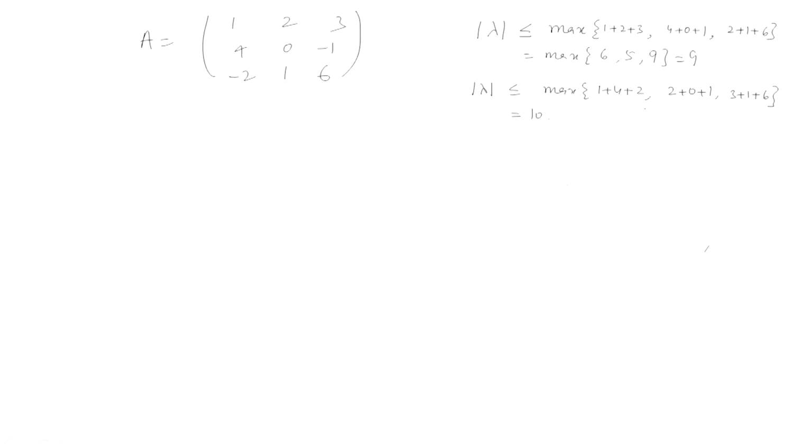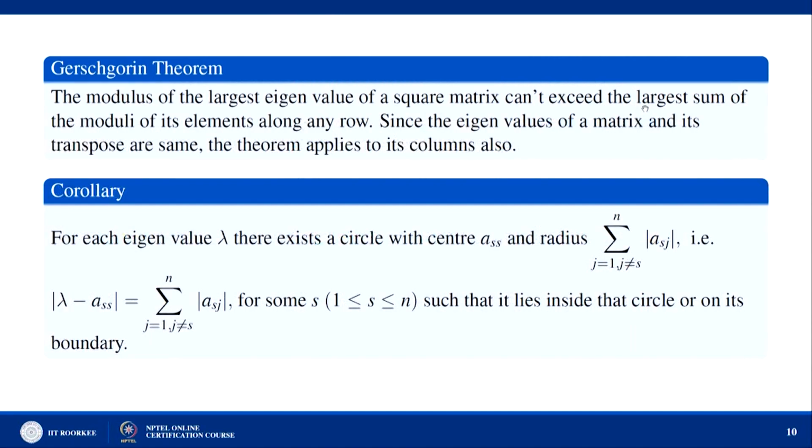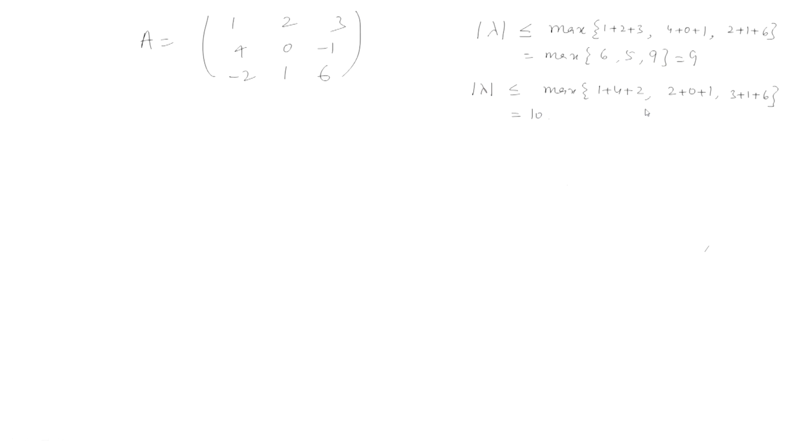So, how can we prove this theorem? The proof is simple. Take Ax equal to lambda x, x not equal to 0. Suppose x is x1r, x2r and so on up to xnr, which is not equal to 0.